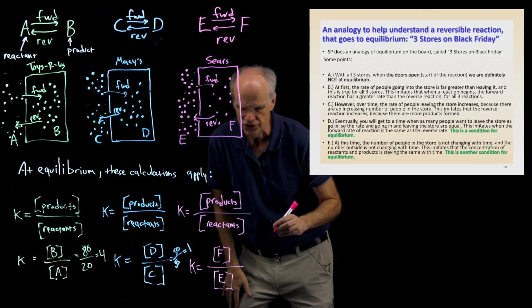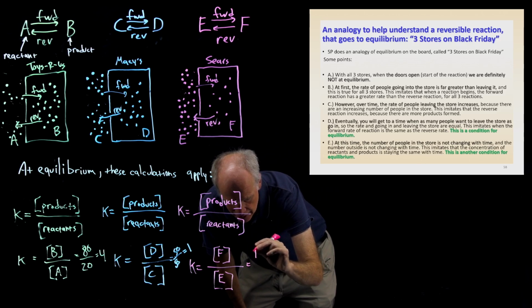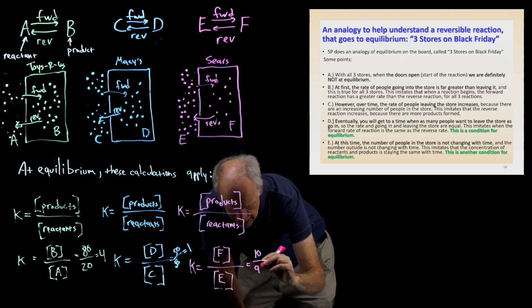Maybe in this example we have, say, 10 products, and for reactants, we still have a lot. We have 90.